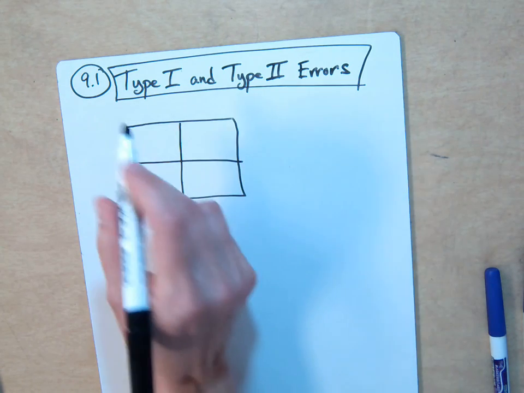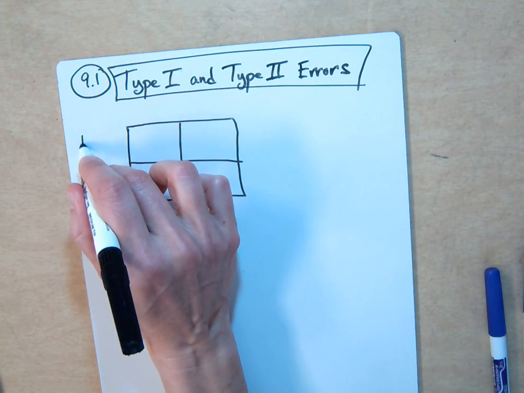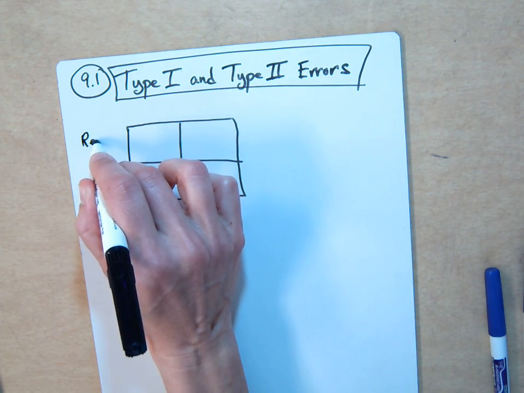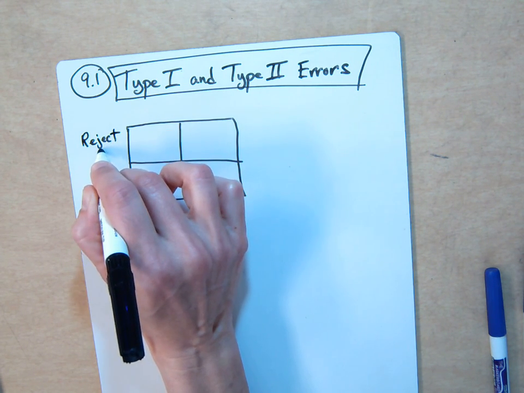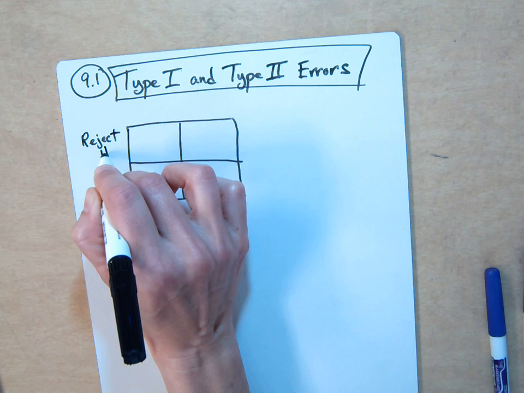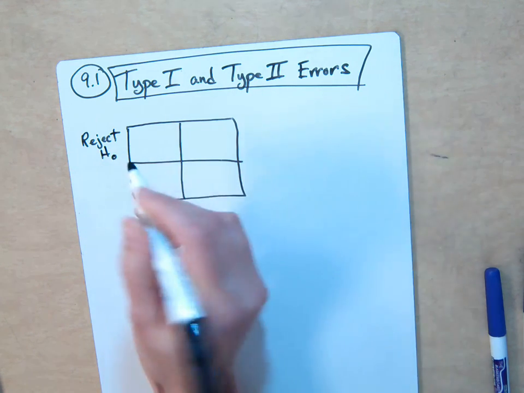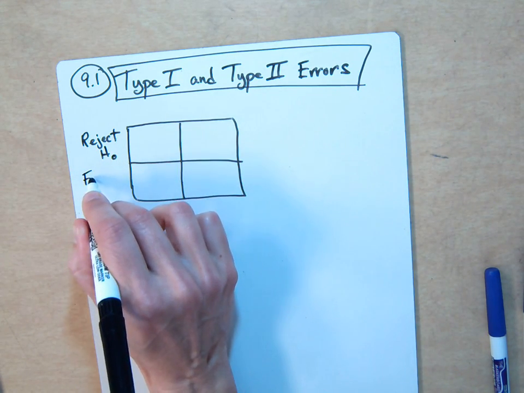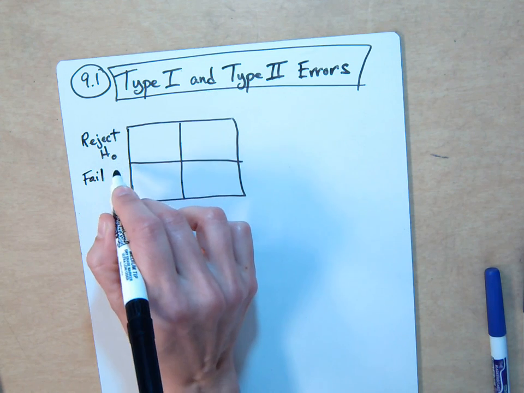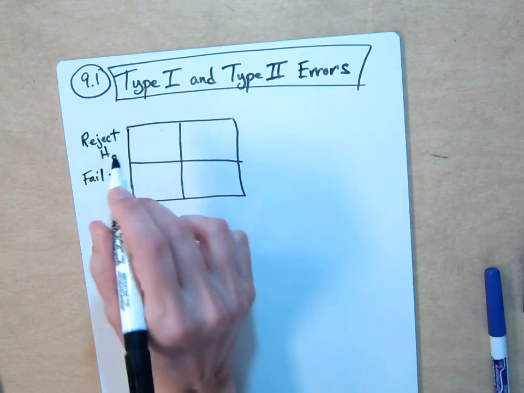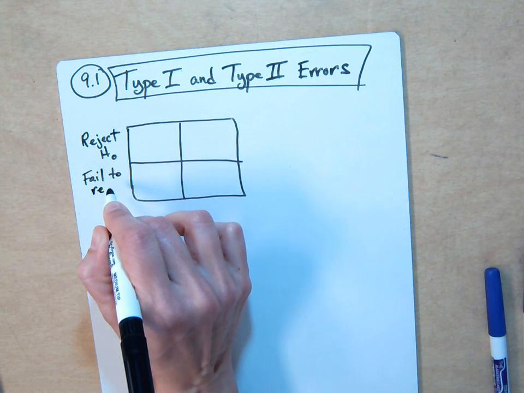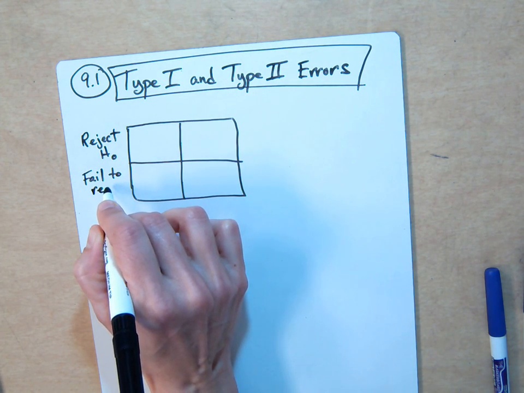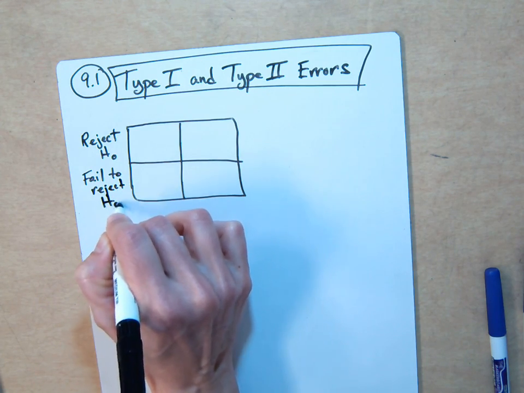And so you either reject H naught, or you fail to reject H naught. Which are we trying to do? We want to reject H naught because really we're trying to prove the alternative hypothesis.